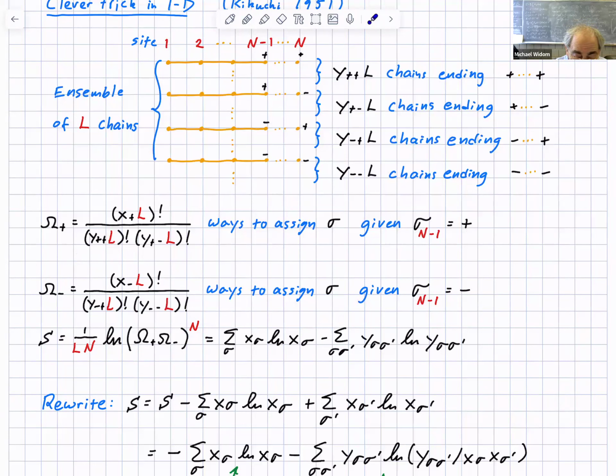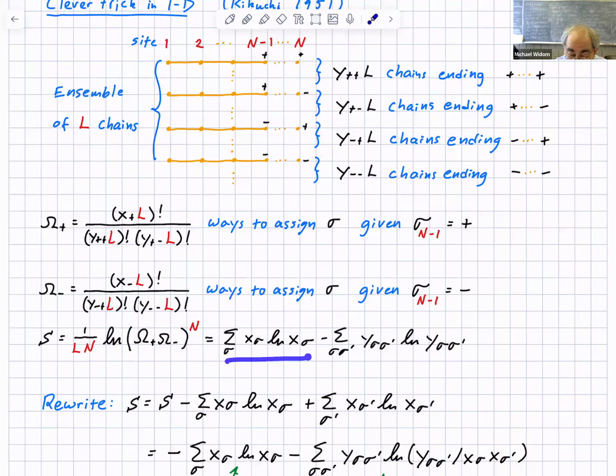Okay, so these factors go just one step, like this step here or that step there. So this is how many ways to go a single step. We want to go n steps, but we have L chains, so there are L times n spins in total. So that's the entropy.